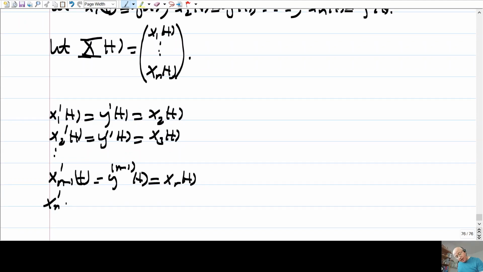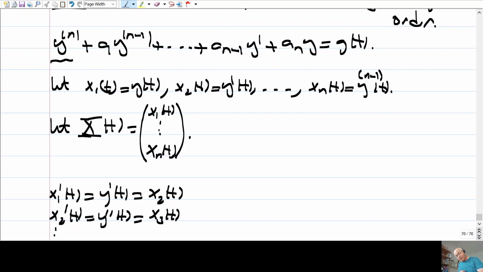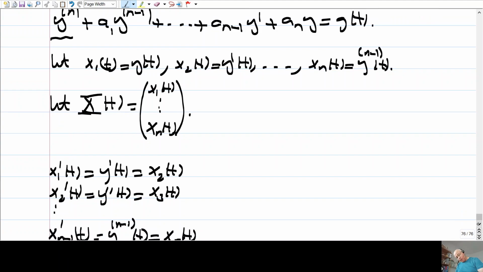And what about x_n prime? Well, that is the nth derivative of y. The nth derivative is not listed here, but I can just write it from this equation. It is minus a_n times y, which is x1.